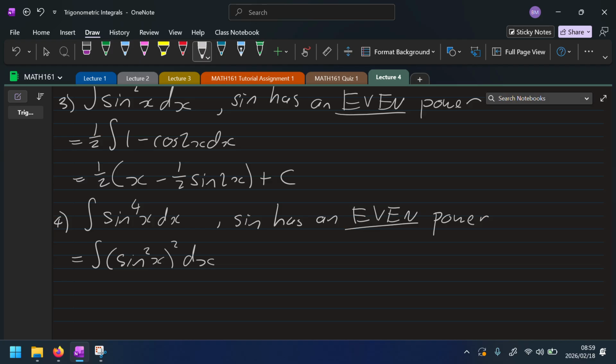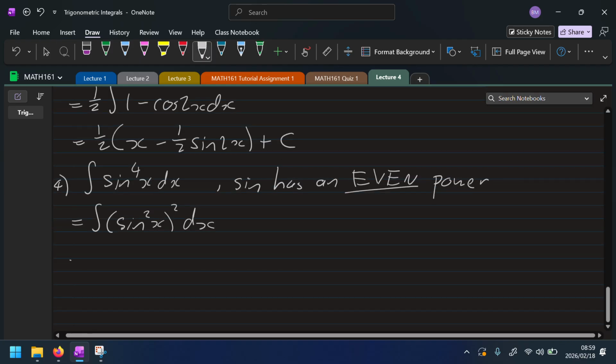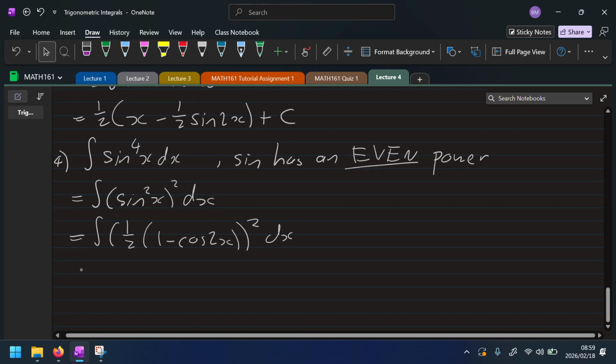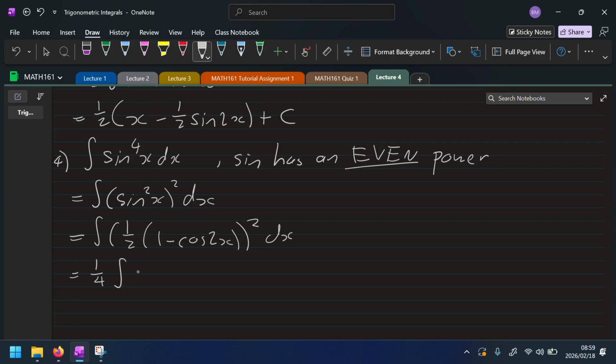Now, inside the bracket, we have sine squared. We can use that double angle formula. So this is going to be the integral 1/2 1 minus cos 2x squared. Okay, so half squared, that's a quarter. We can take that out. And then expanding the inside, we're going to have a 1 minus 2 cos 2x plus cos squared 4x.